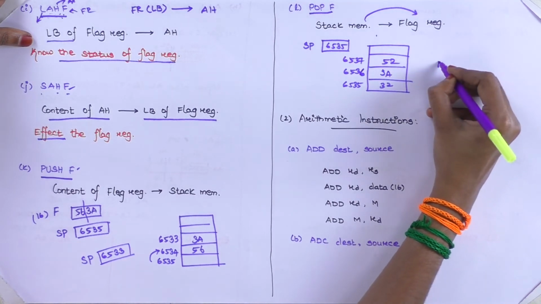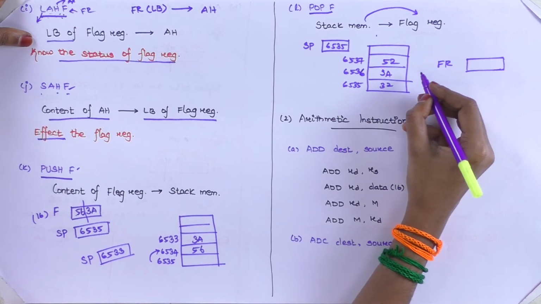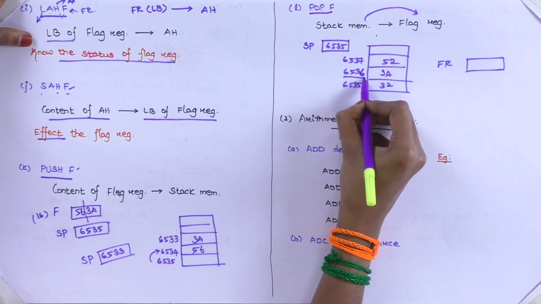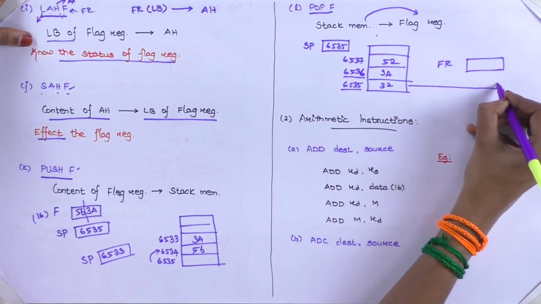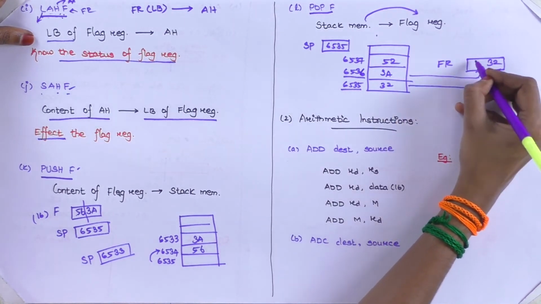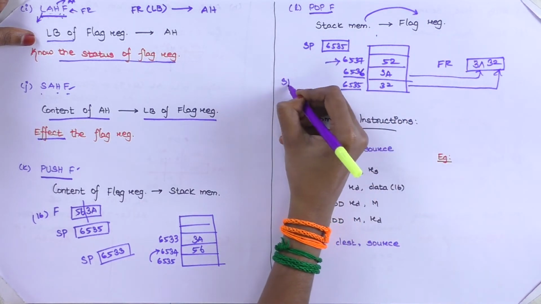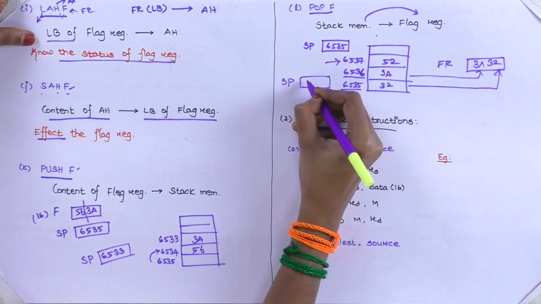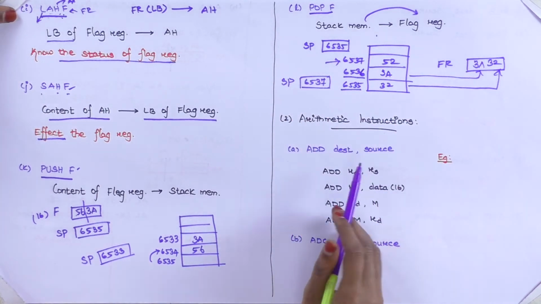After executing this instruction, the 6535 value 32 is stored in the lower byte, then the higher byte 3A is stored, and the stack pointer is incremented, so now its value will be 6537. These are all the data transfer instructions.